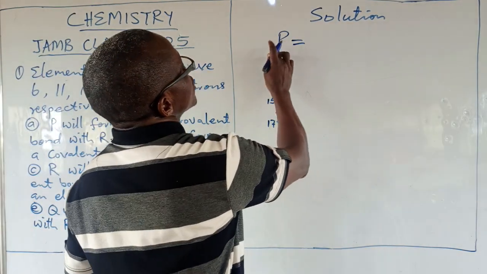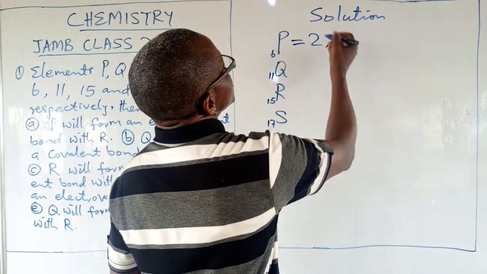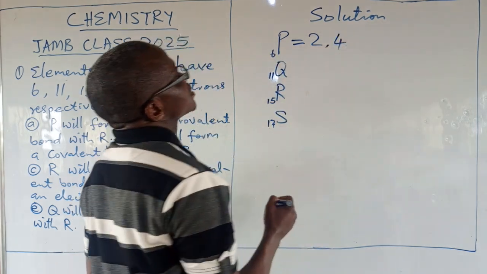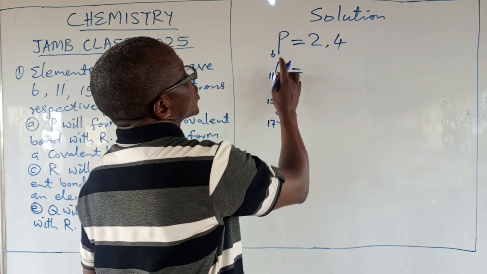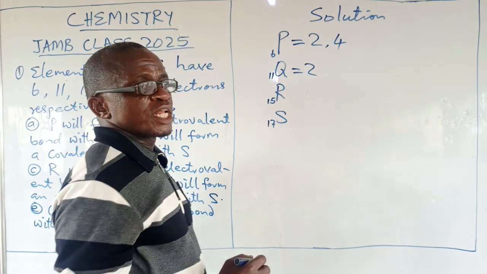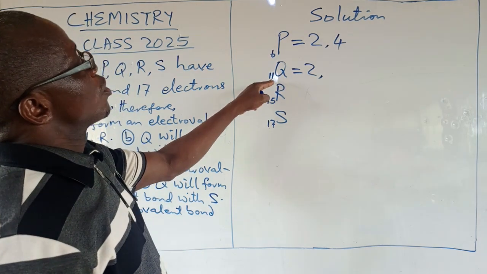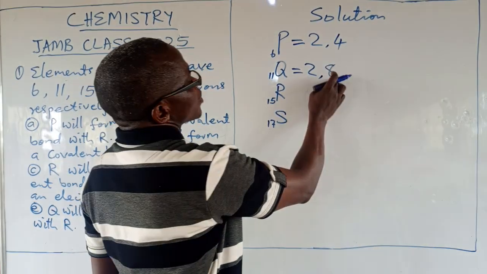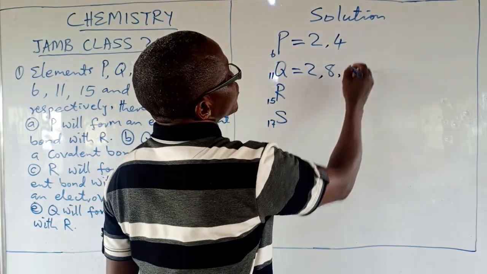The number of electrons for P is 6. In the first shell, 2 electrons will enter; in the second shell, after removing 2, 4 are left. That's the electronic configuration of P. For Q, 11: the first shell can accommodate only 2 electrons, the second shell can accommodate 8 maximum. Add these, that's 10, and 1 is left for the third shell.